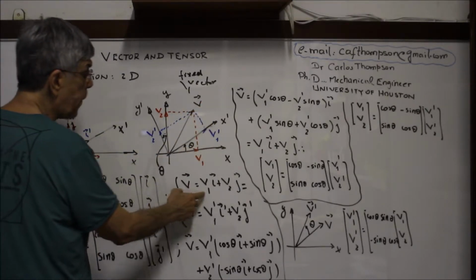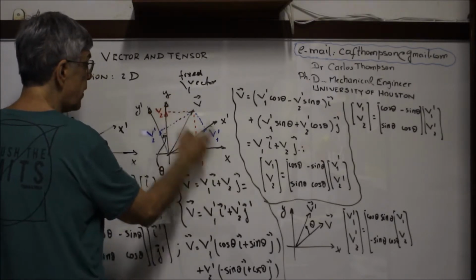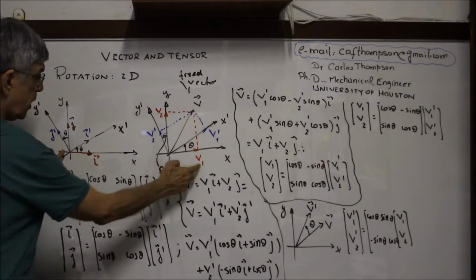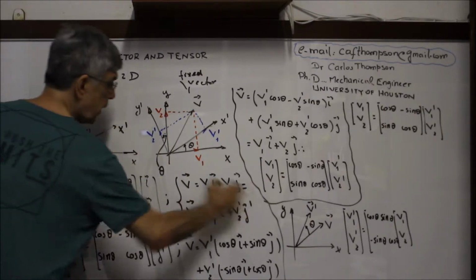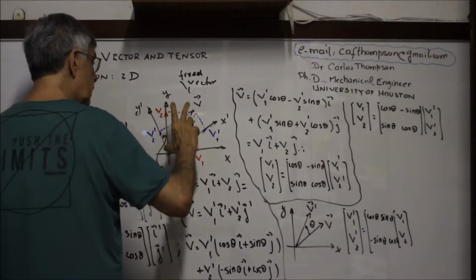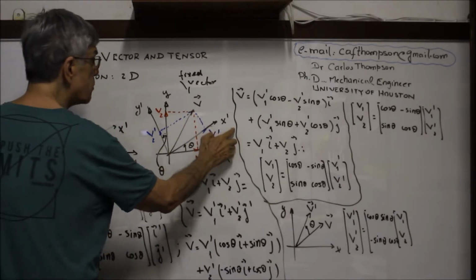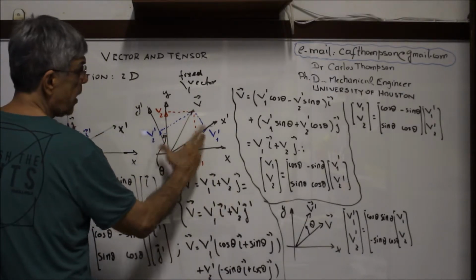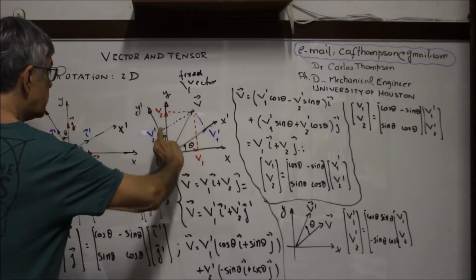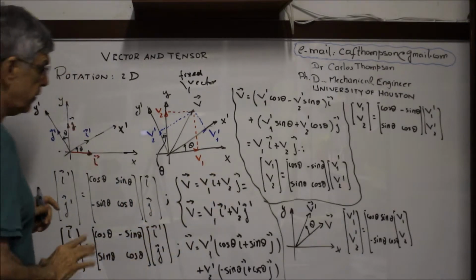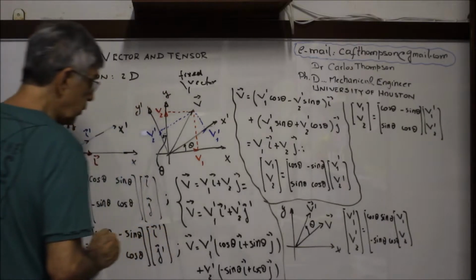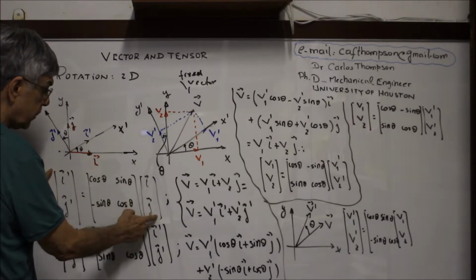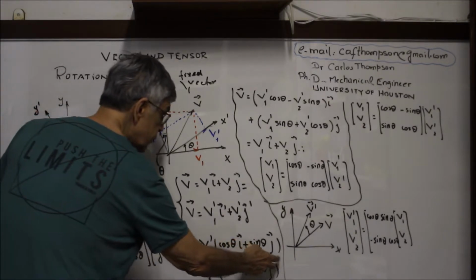The components of the vector v with respect to the x and y axes are v1 i plus v2 j. The components of the same vector with respect to the x prime, y prime coordinates are v1 prime i prime plus v2 prime j prime. They are equal vectors. Now, I will substitute right here the i prime. You see, i prime is cosine theta i plus sine of theta j.